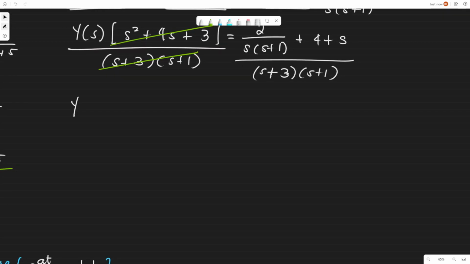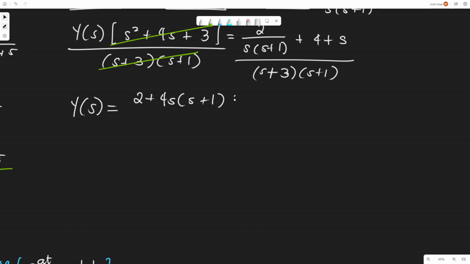We have y of s, sorry, is equivalent to, sulat ko na ba? Ayan. So, we have 2 plus 4s times s plus 1. Naglag ba?